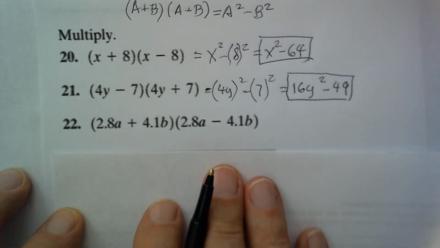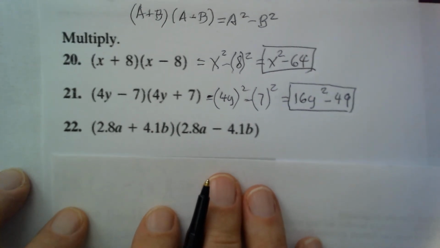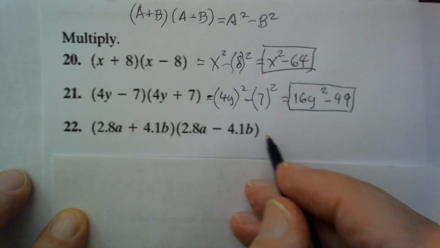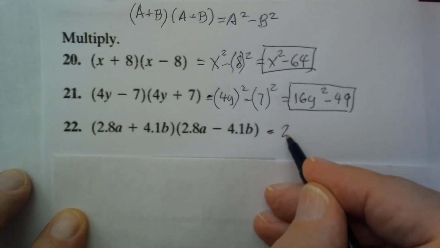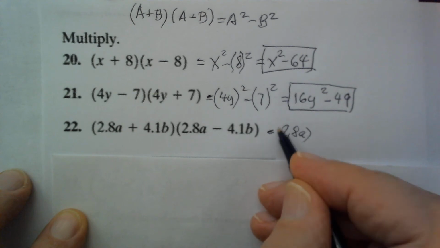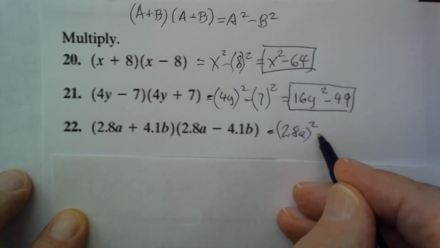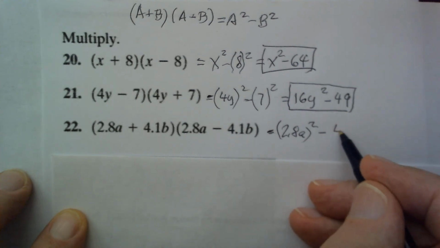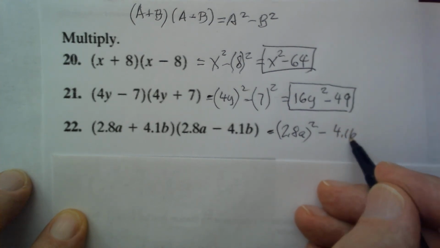And number 22 follows the same pattern. So instead of a, we have 2.8a, so it'd be 2.8a squared minus 4.1b squared.